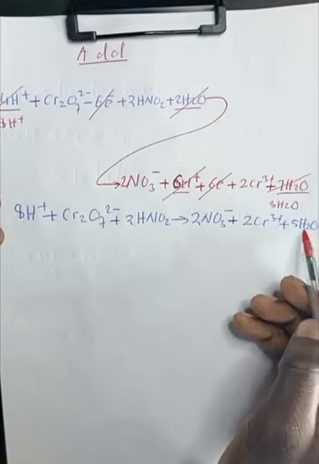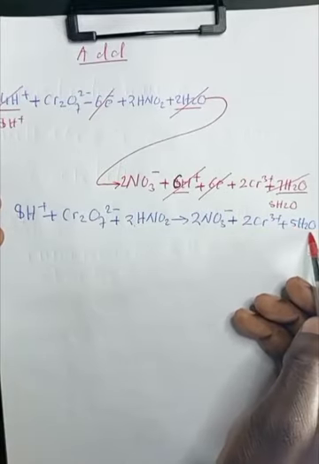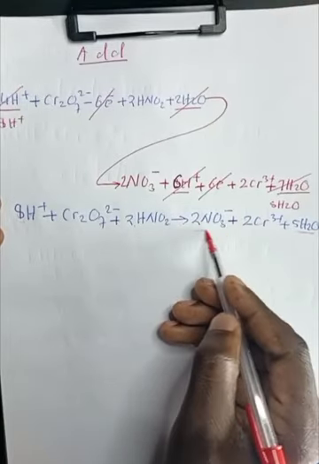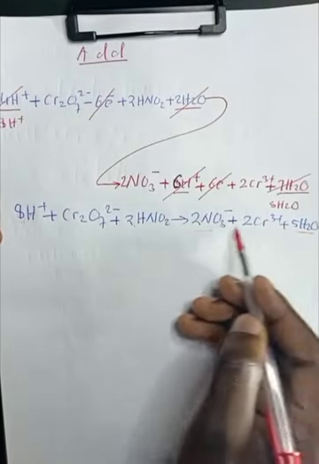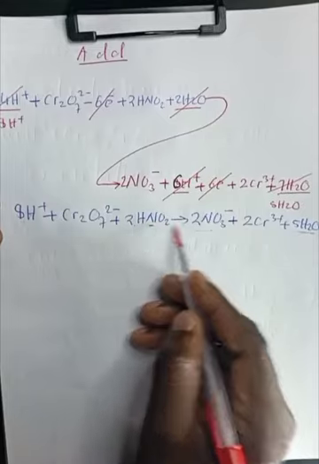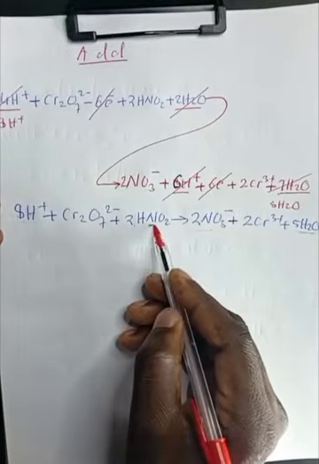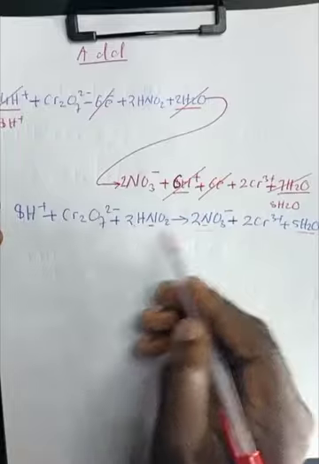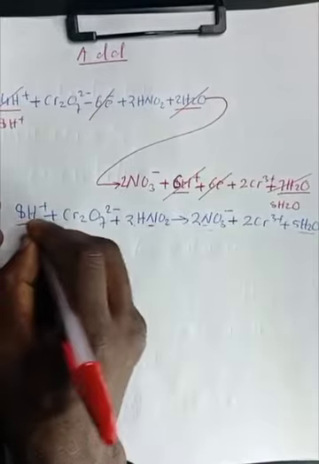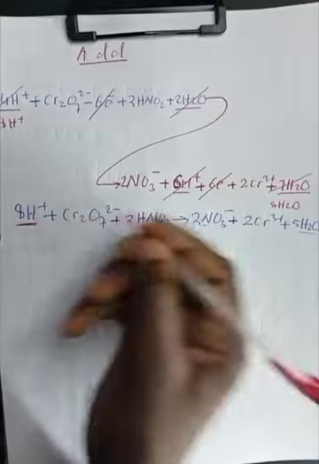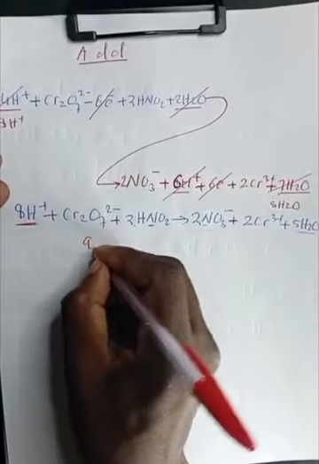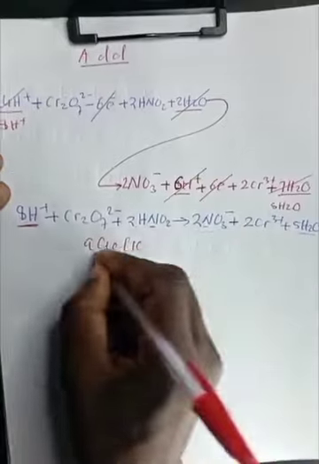This side we have 5 oxygen here plus 2 times 3, which is 6, so 6 plus 5 is 11. So balanced. Then we come to nitrogen. We have 2 nitrogen here and 2 nitrogen there. So everything is balanced. The presence of hydrogen ion is telling us that the reaction is in acidic medium. So acidic is done.